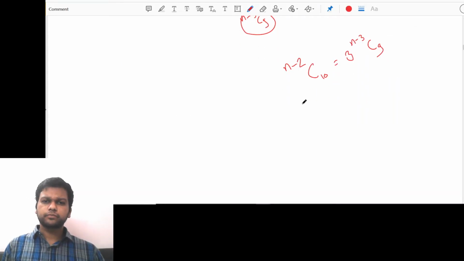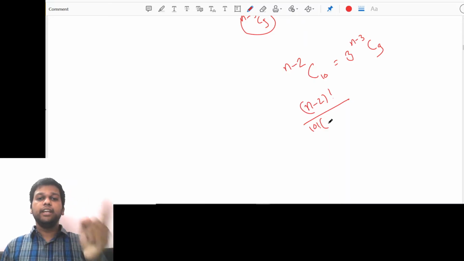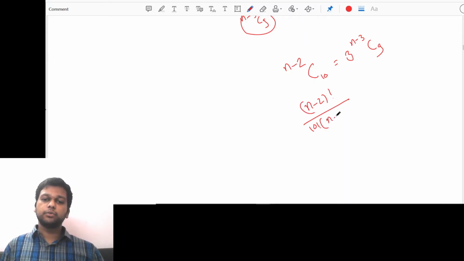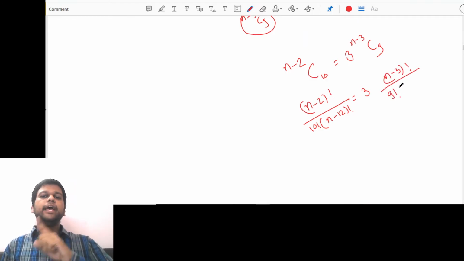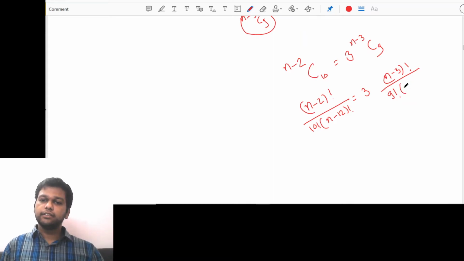Okay. n minus 2 factorial upon 10 factorial into n minus r, that is n minus 2 minus 10, that is n minus 12 factorial, is equal to 3 times n minus 3 factorial upon 9 factorial into n minus 3 minus 9, that is n minus 12 factorial again, right?